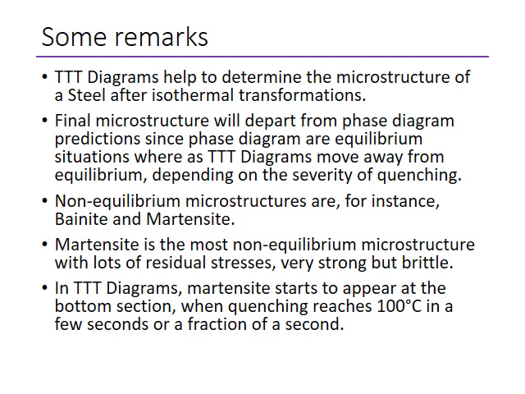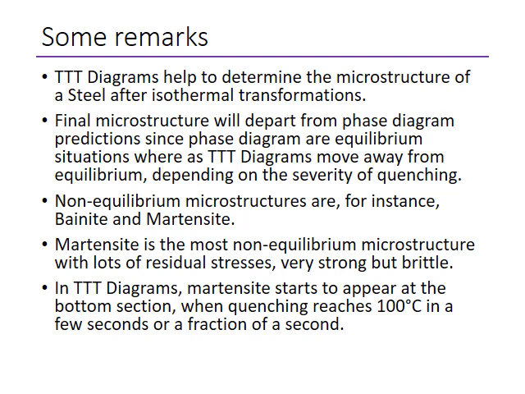So some remarks. TTT diagrams help you to determine the microstructure of a steel after isothermal transformations. Not only steels, there are TTT diagrams for other materials, aluminum, copper, but it is more common for steels.